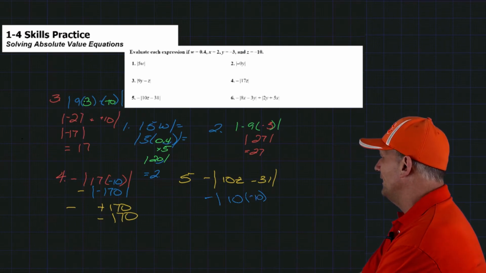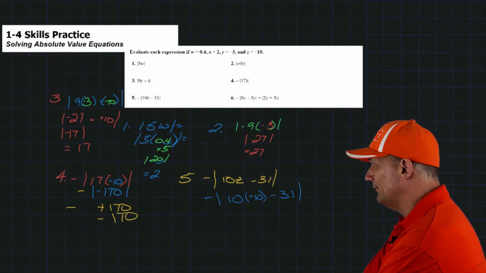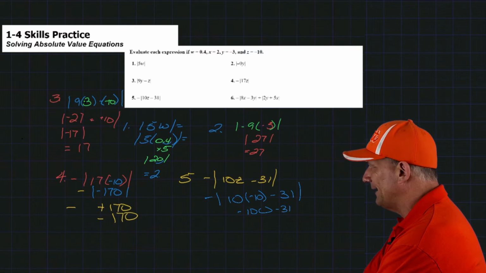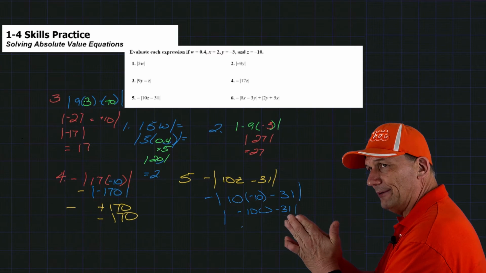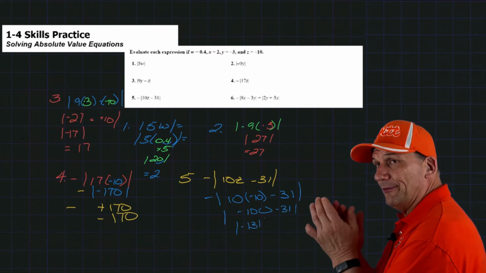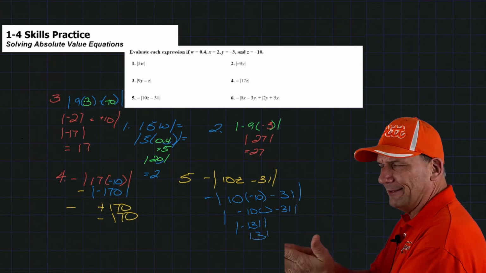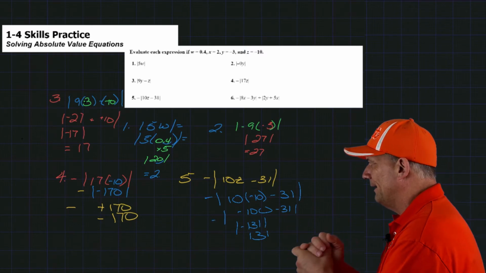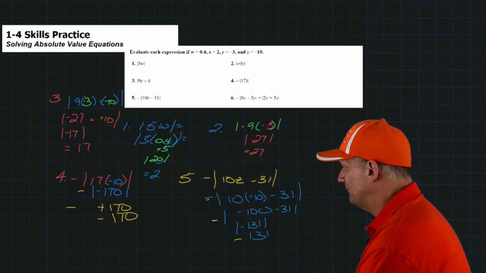So we have negative 10 times negative 10, that's a negative 100, minus 31, that's a negative 131 inside the absolute value brackets. But because it's absolute value and we are only concerned with distance, the answer there is positive. But the negative outside the brackets ultimately makes that entire answer negative 131. If we didn't have the negative outside the brackets, it would be a positive 131.